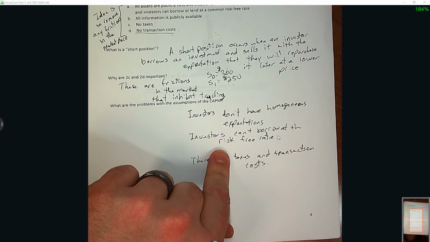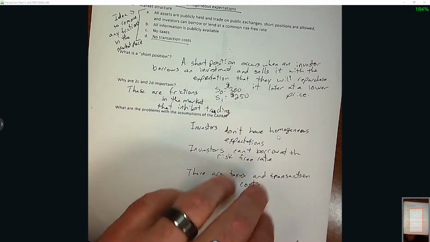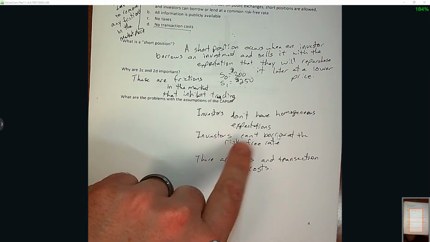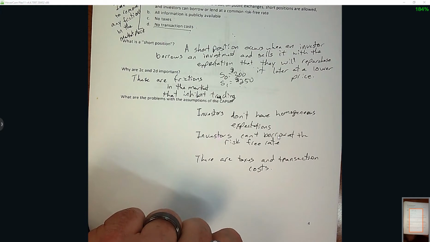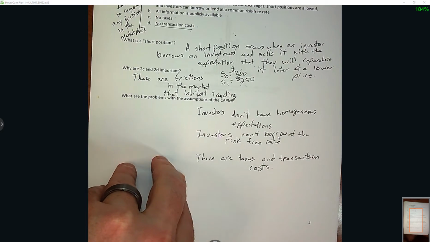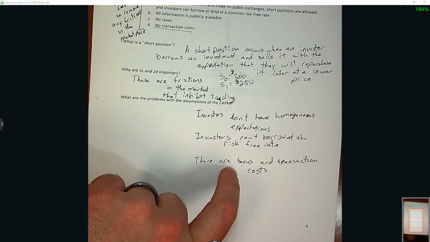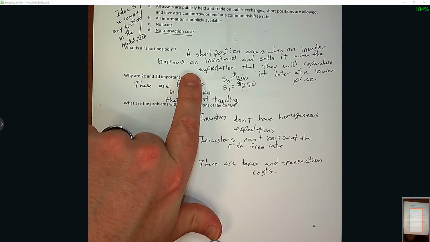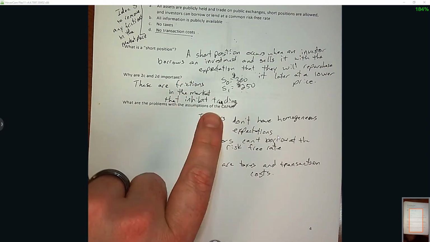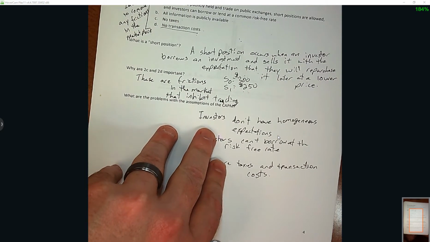What happens with the outcomes from this model if people can't borrow at the risk-free rate? We did a little exercise in a previous lesson where we said they couldn't borrow at the risk-free rate, and if you remember, that changed the slope of the capital allocation line. What happens when we have taxes and transaction costs? What effect do taxes have on stock prices and the volume of trades of stocks? Those are all things that researchers do.